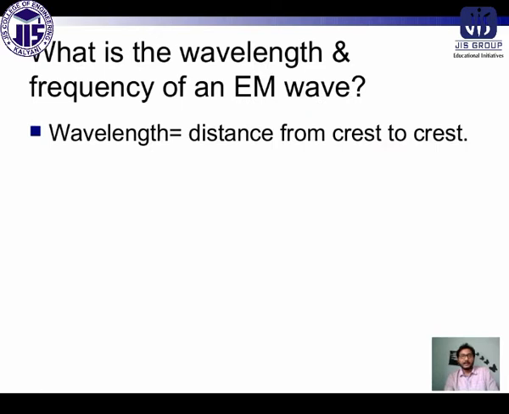Right? And the next is, what is the wavelength and frequency of an electromagnetic wave? The wavelength is equal to the distance from crest to crest. It means the peak to peak distance is called the wavelength. Simply, we can say the wavelength means the distance of one cycle.